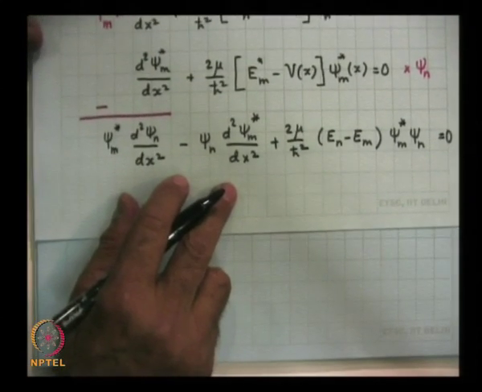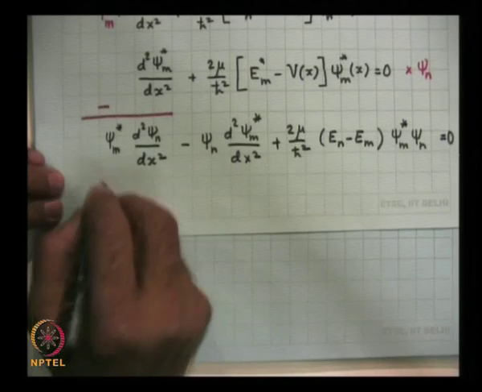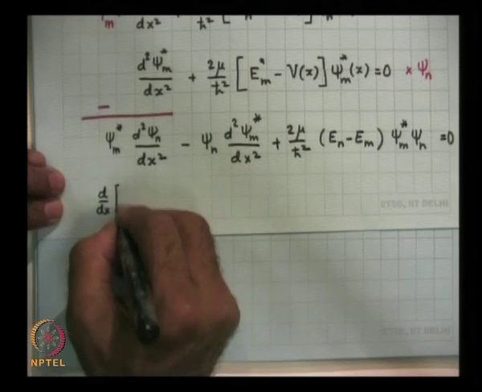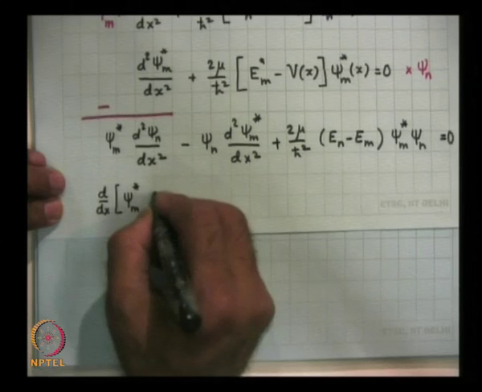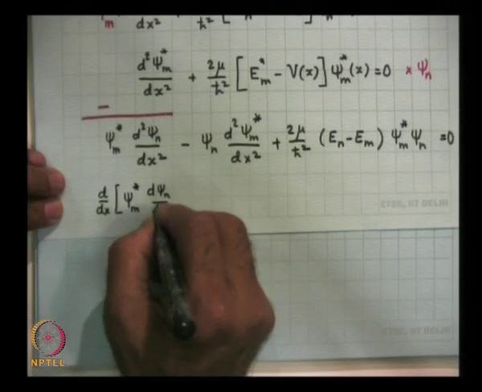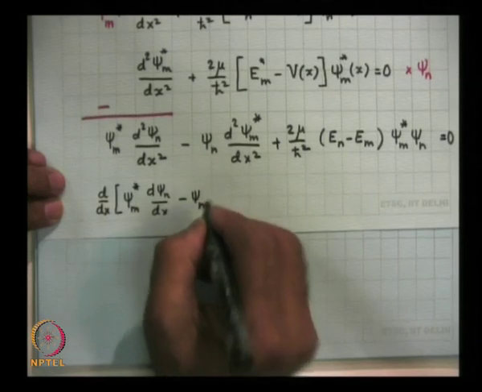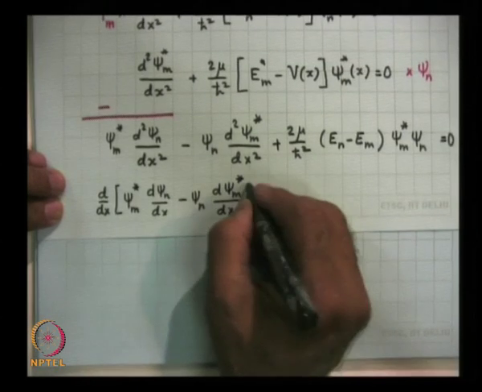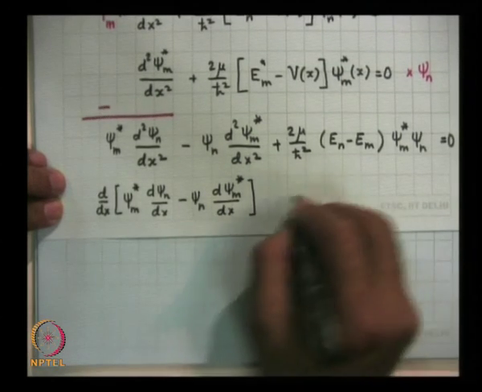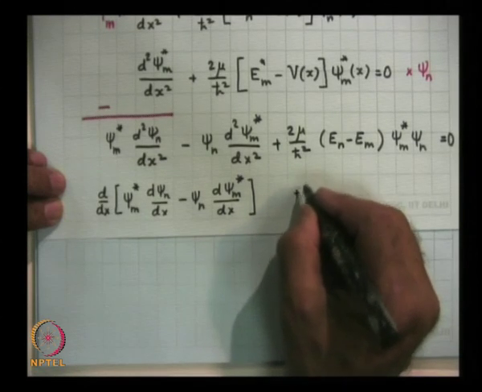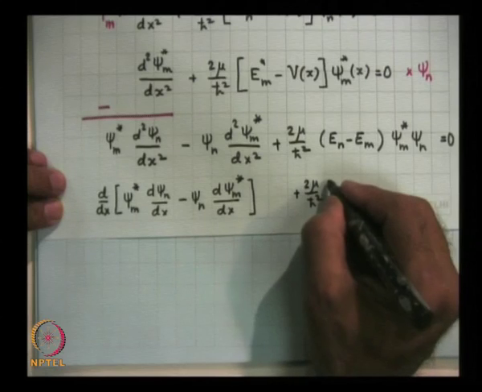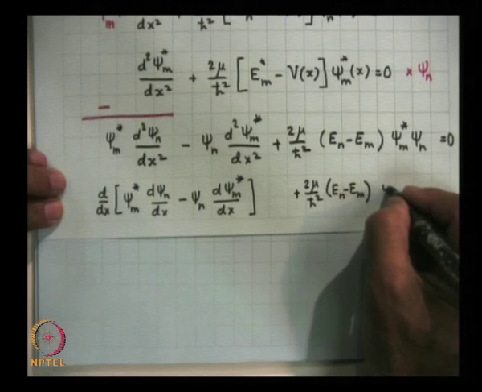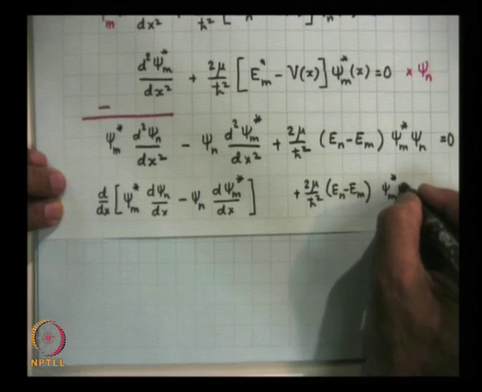So, what we do next is, as we had done in the previous slide, I write this as a total differential: d by dx of psi m star d psi n by dx minus psi n d psi m star by dx, plus the same quantity 2 mu by h cross square E n minus E m psi m star psi n.